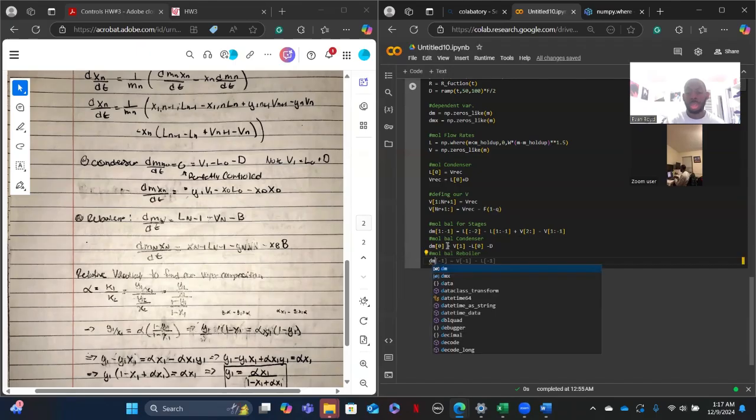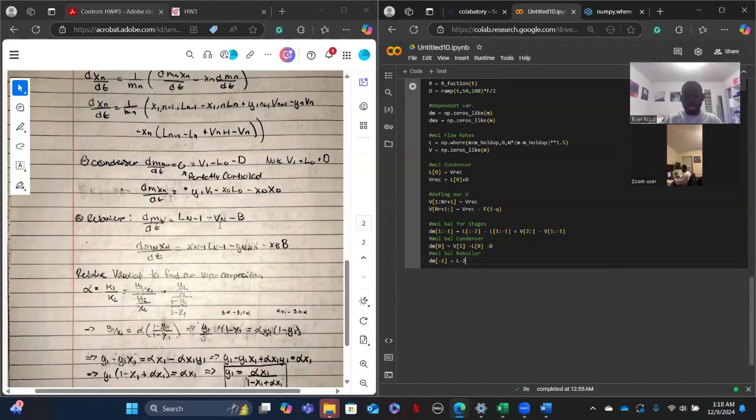This will just be our last stage, so -1. And then we have this here as well, so it'll be the liquid coming down from the stage above. So L -2 to represent stage 6, minus the vapor at the reboiler, so a -1.